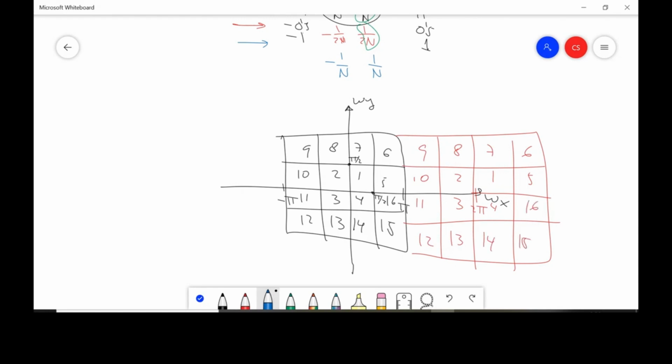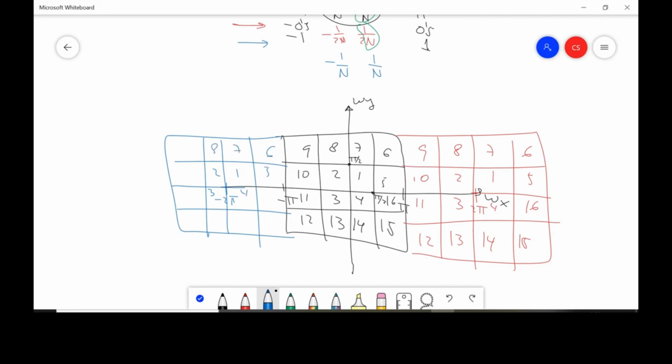Now we have another copy there, and this is centered at minus 2 pi.